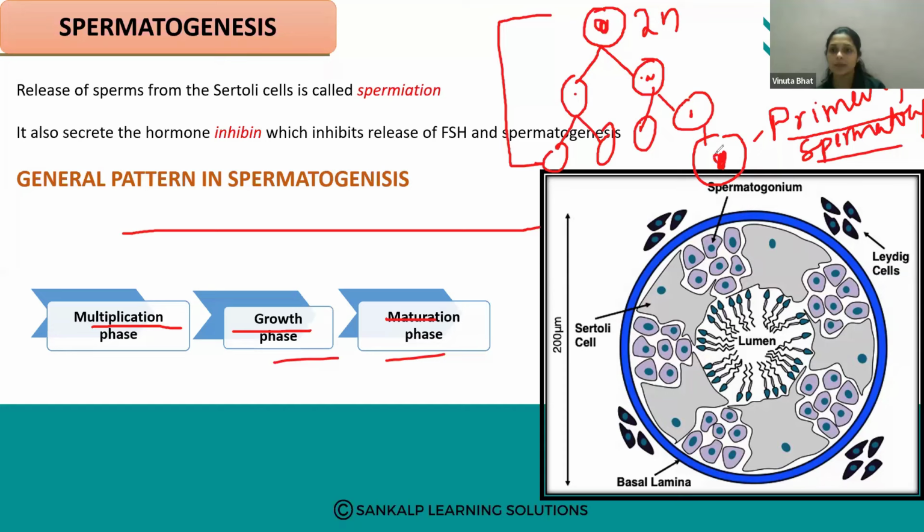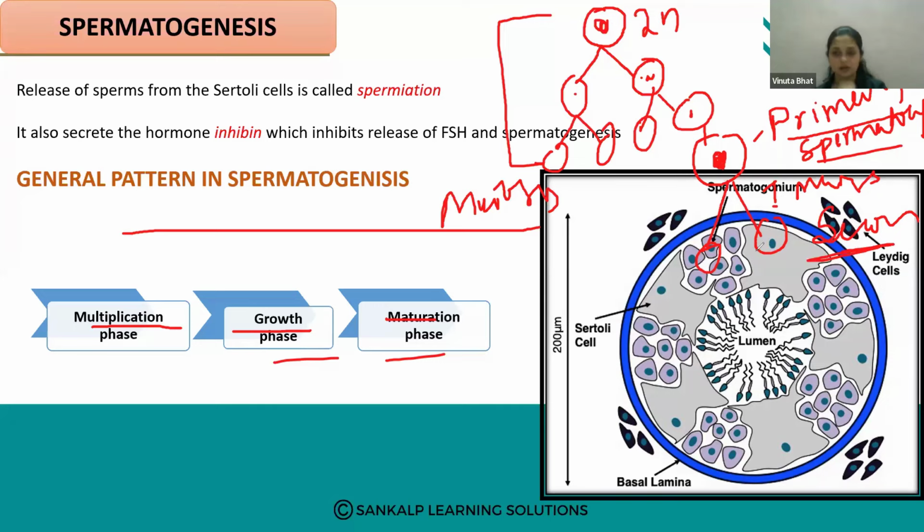The primary spermatocyte will undergo meiosis cell division. In meiosis 1, it forms two cells called secondary spermatocytes.